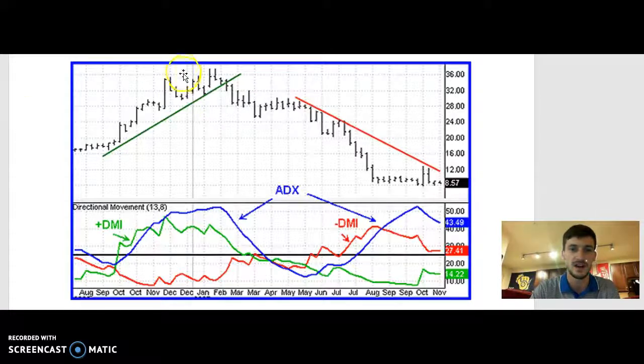So down here, what we have is a little chart that I printed off the internet that helped me to conceptualize kind of what was going on here. The main indicator, ADX, is right here, and this is exactly what we were talking about as far as the trending of things.